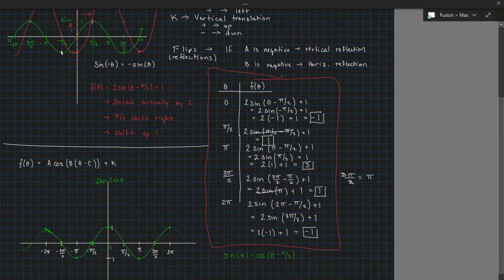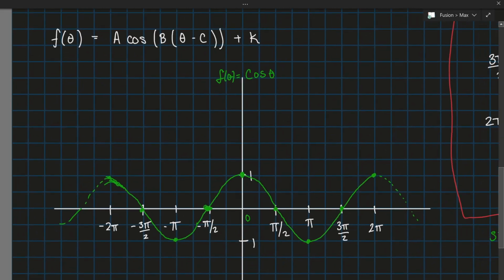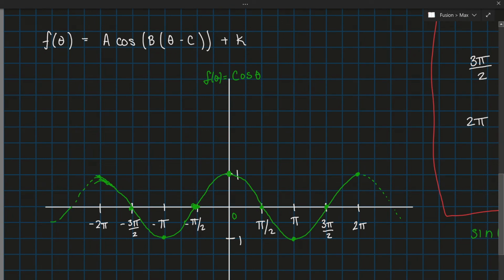Anyways, also though, another thing to notice is that if we go to pi over 2 here, it's equal to 0. If we go to negative pi over 2, it's equal to 0. If we go to pi, it's equal to negative 1. If we go to negative pi, it's equal to negative 1. So it's symmetric about the y-axis, which means that cosine of theta is the same thing as cosine of negative theta.